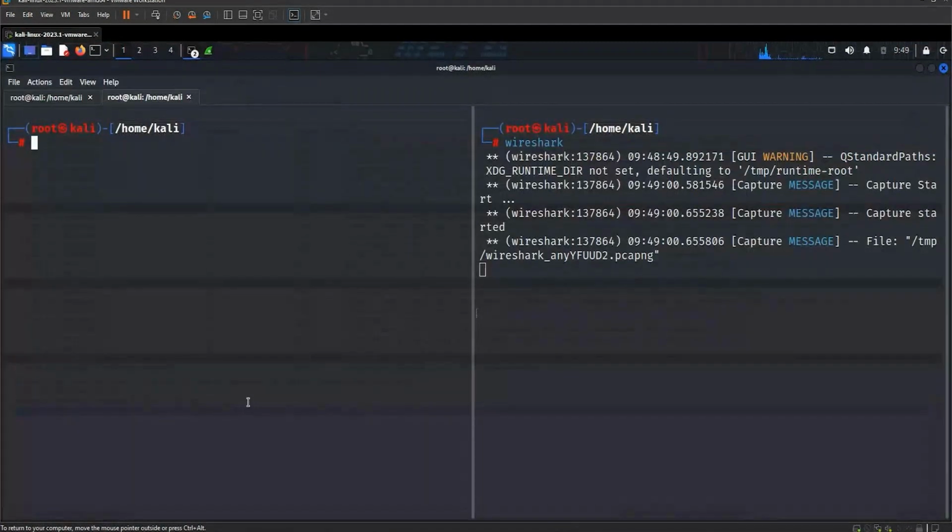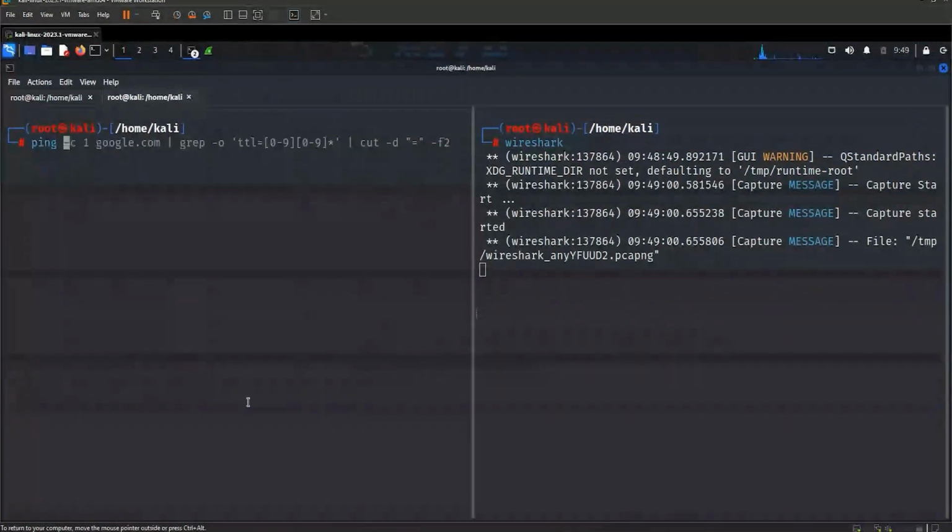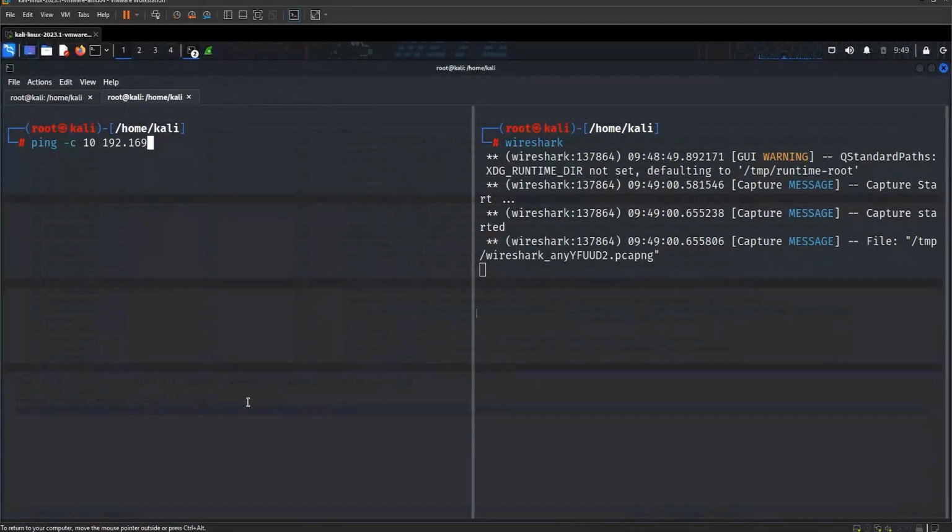So if I write here ping -c 10 and let's do it on 192.168.29.230. Just let me check the IP address, which one to use.